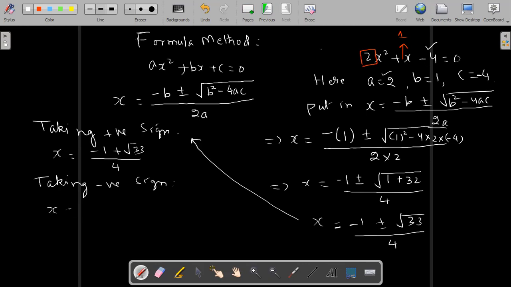x is equal to minus 1 minus under root 33 divided by 4. So these are the roots.